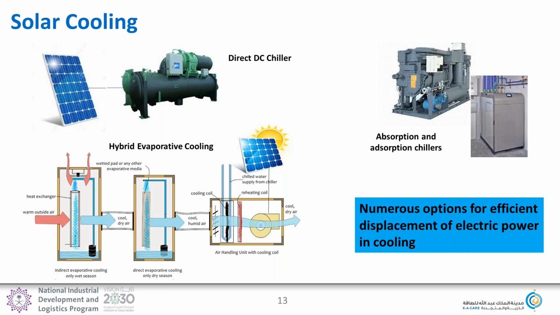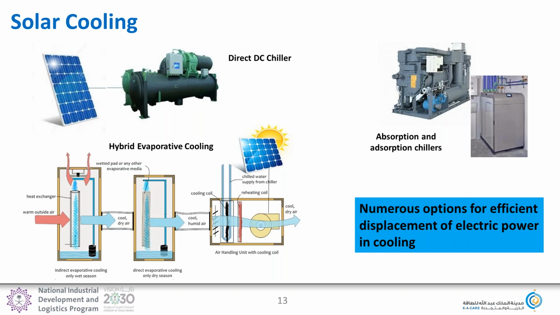So that could be something such as direct DC chillers that are designed to operate on the variable power supply of DC solar panels, or it could be systems with hybrid evaporative cooling. And by my previous comment, I did not intend to rule out absorption chillers.